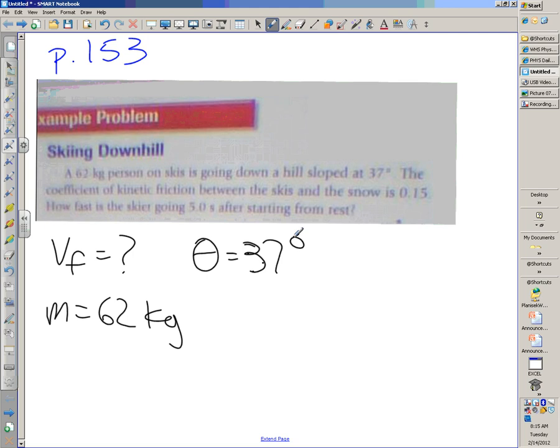They gave us the coefficient of kinetic friction as 0.15. And then they also gave us the time over which this guy is skiing down the hill.